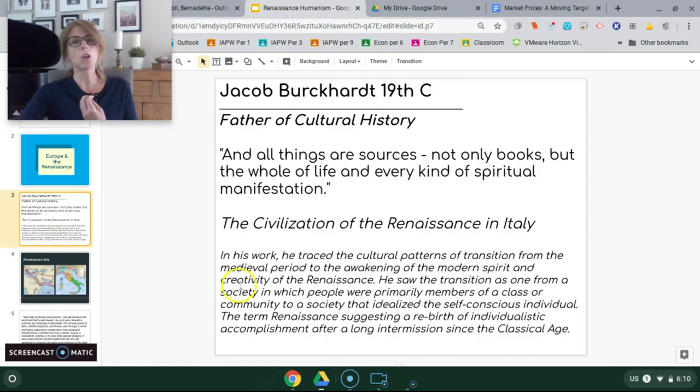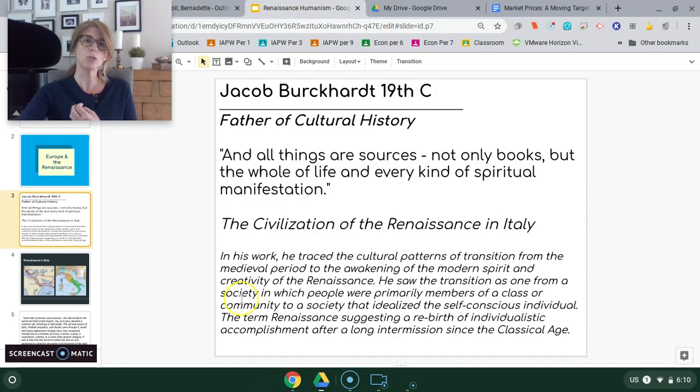And it was Burckhardt, often referred to as the father of cultural history, who decided to look at what was happening here not through the lens of just political documents, but to look at multiple sources, especially artistic sources, which Italy had a wealth of from this time period. It was through his study of this that he got a better sense of what was happening here.